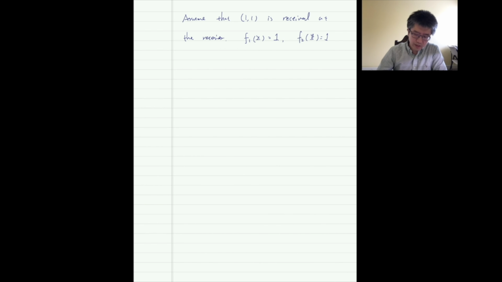Very good. Now, based on this design, we need to characterize what the error events are, right? The first error event, epsilon 1, is the event that x and y, both of them, are not in the typical set, right?